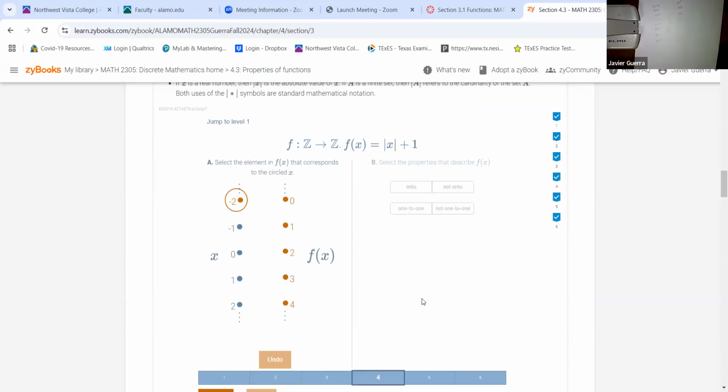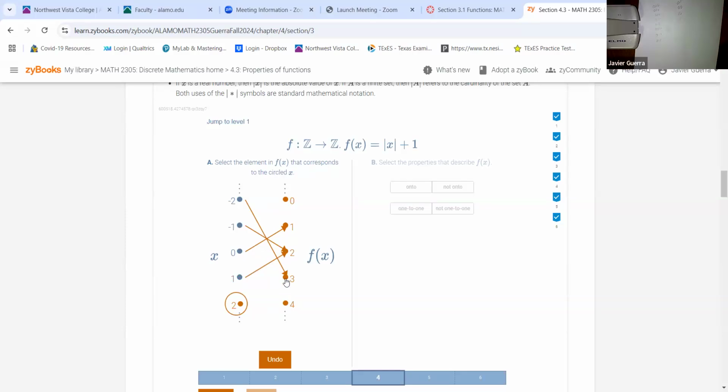These are very interesting. All right, integers to integers. Plug it into my function f, absolute value of x plus 1. At -2, it's 3. At -1, it's 2. At 0, it's 1. At 1, it's 2. At 2, it's 3.